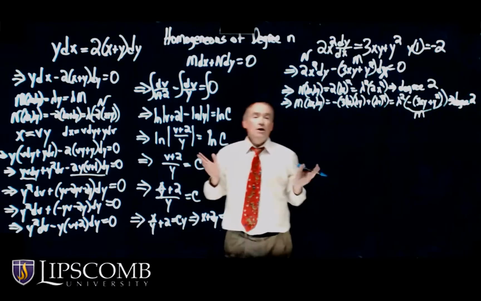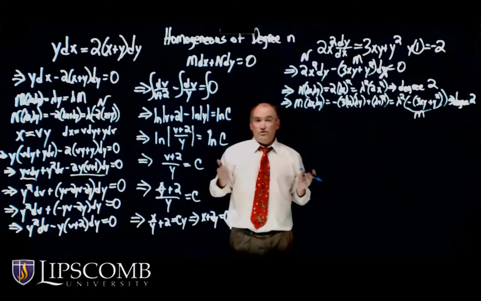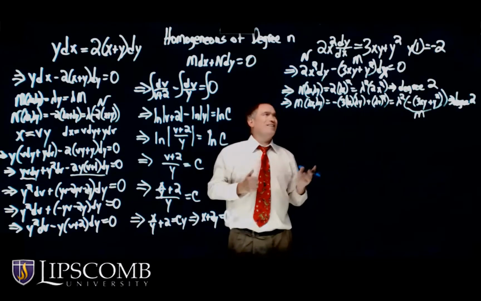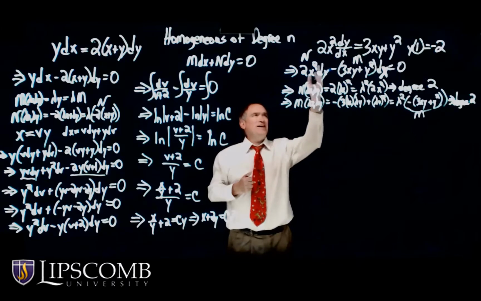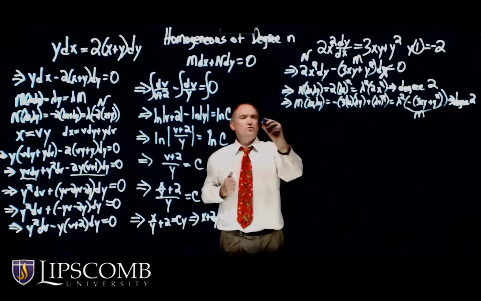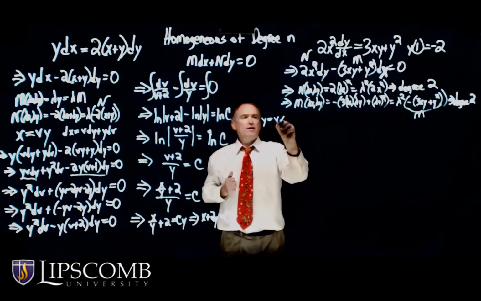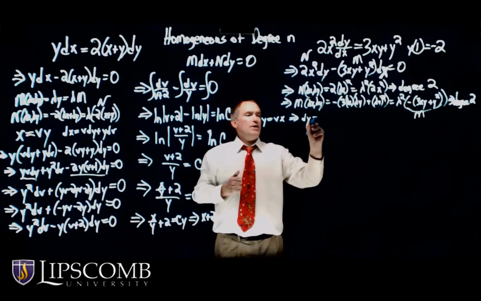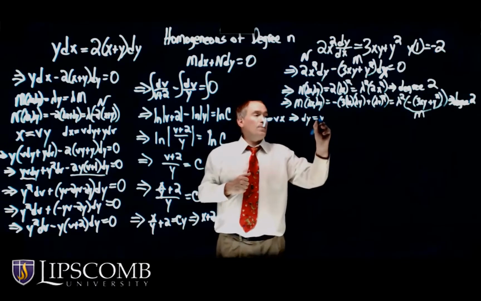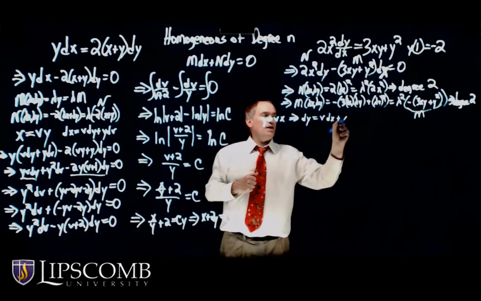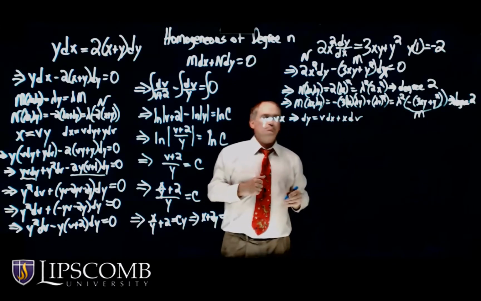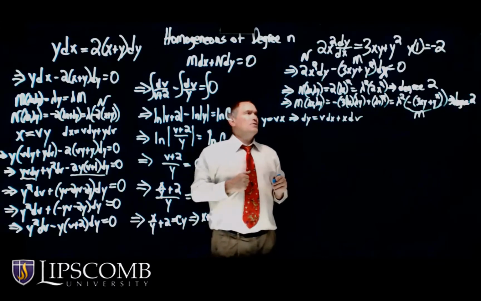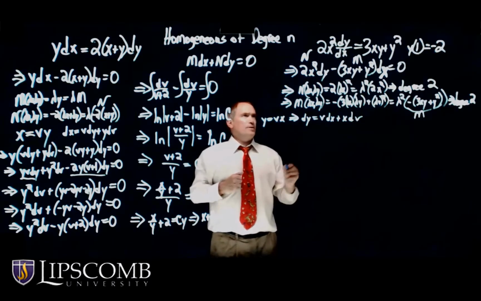So now I can choose which substitution I want to make. Well, I look at the M and the N. The N looks simpler, so let's use y equal to v times x. So therefore, dy equals, again, the product rule, v dx plus x dv. Okay? So let's substitute in.